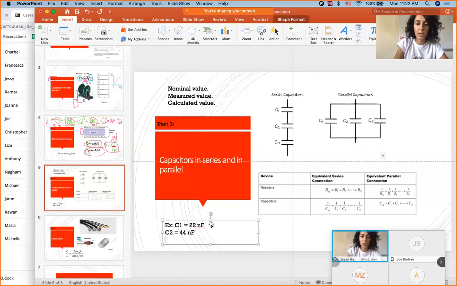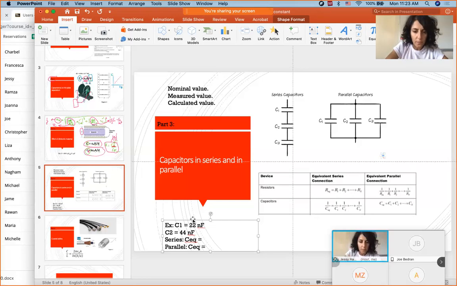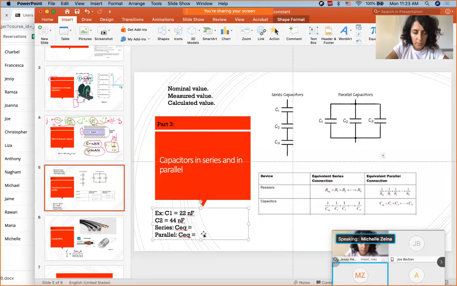What would be C equivalent in series? I'm going to call it CEQ. And what would be in parallel? Take a moment to give me an answer. The C equivalent would be 1 over C1 plus 1 over C2, to the power minus 1. Okay, and the answer would be?